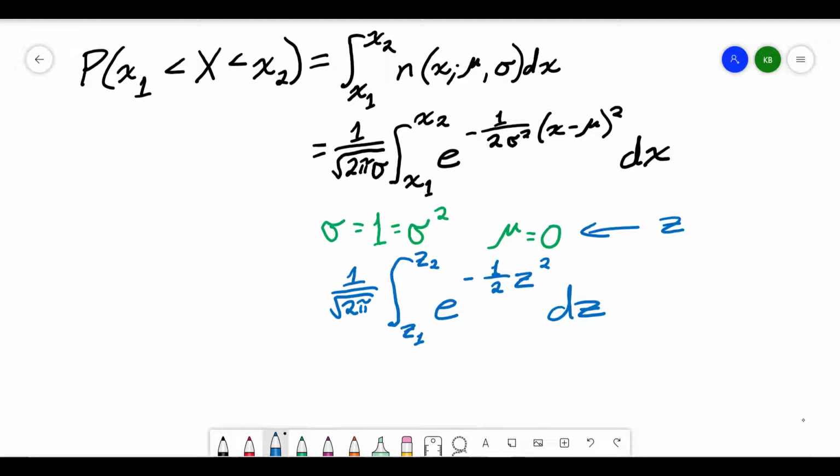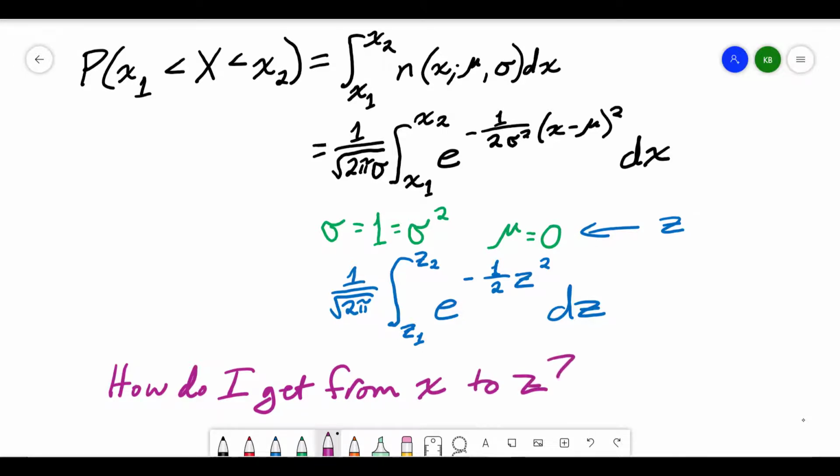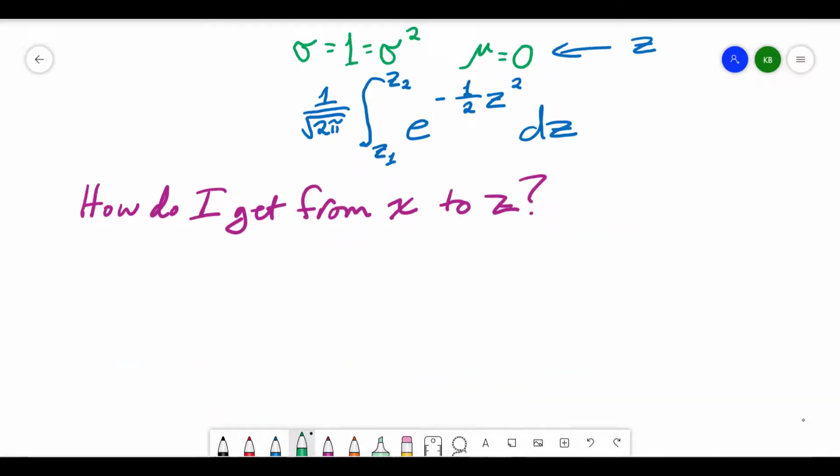So the question is, how do I get from x to z? Well, the answer is that my z variable is going to be my x value minus the mean of my x variable, divided by the standard deviation of my x variable.